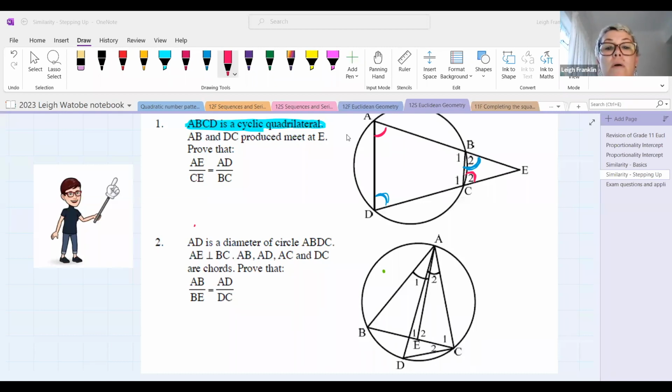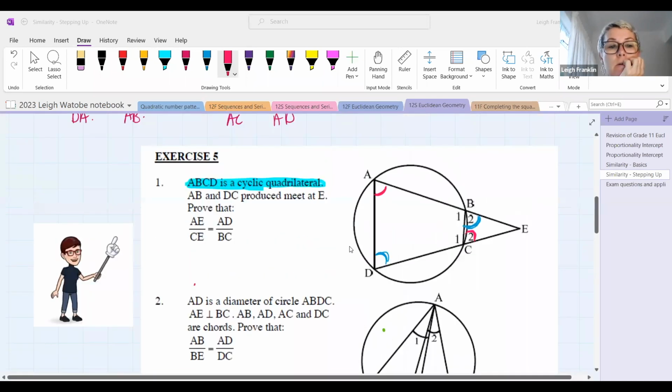Yes, Lebohang. Lebohang, you can talk. Hi, ma'am. Can I ask again? Of course. In ABCD, we said they are concyclic because they lie on a circle. Yes, correct.